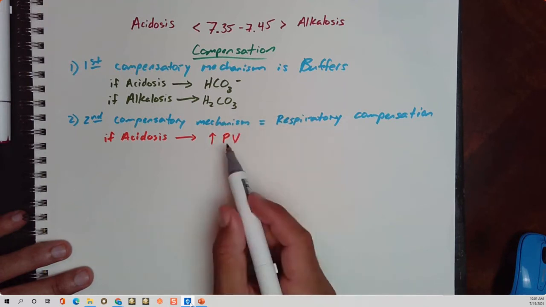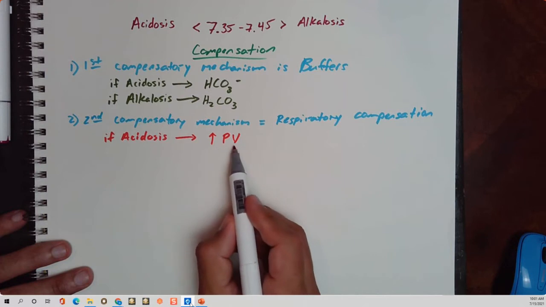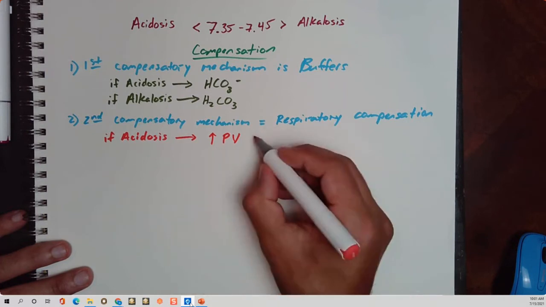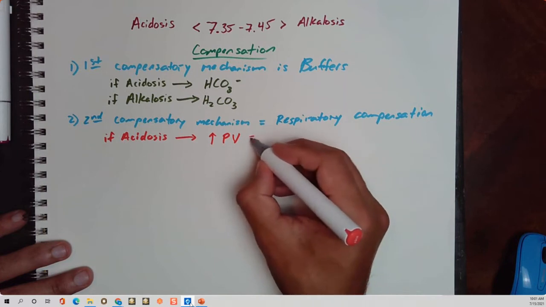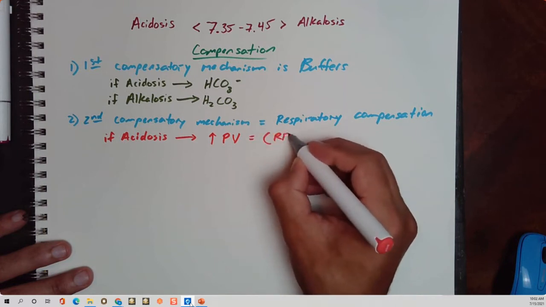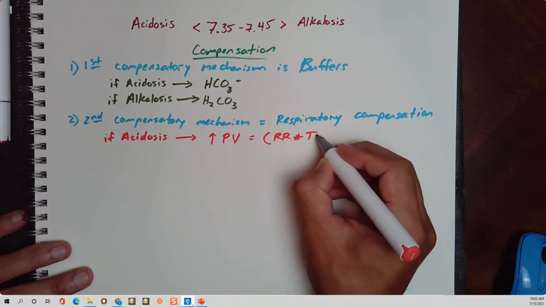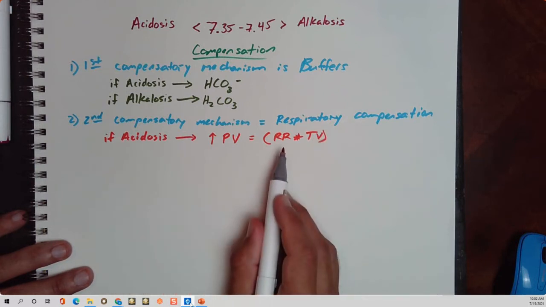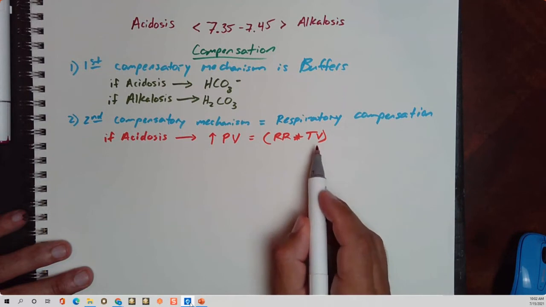If you recall, this is called pulmonary ventilation, PV, right? Pulmonary ventilation was equal to the respiratory rate times the tidal volume. So if we have acidosis, we're going to be increasing our respiratory rate and the depth of our breathing.